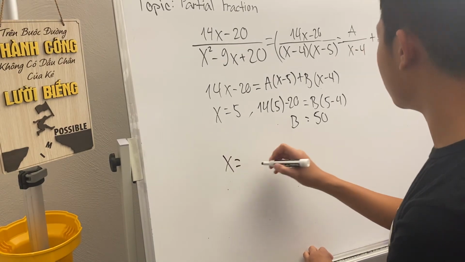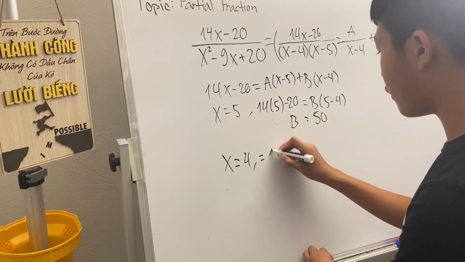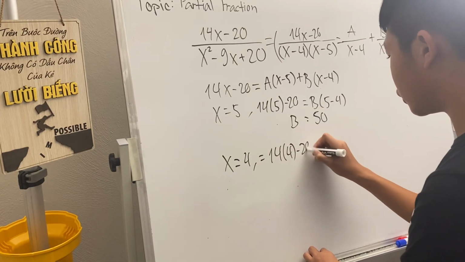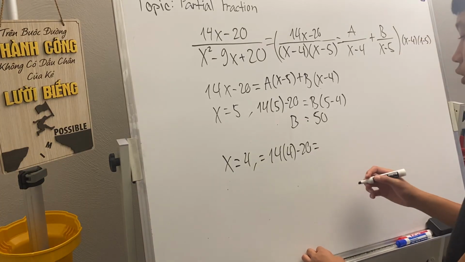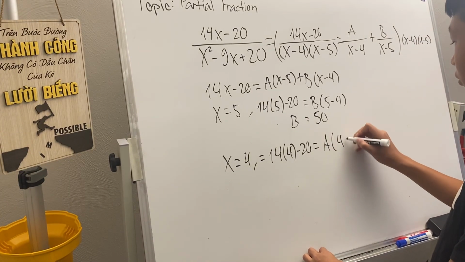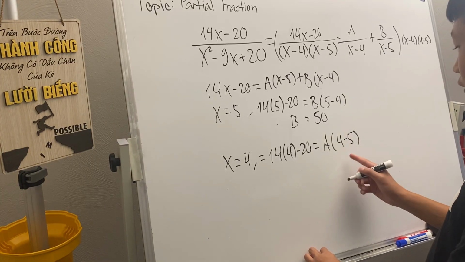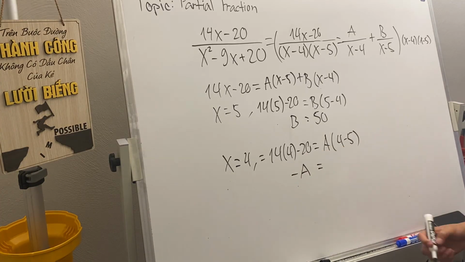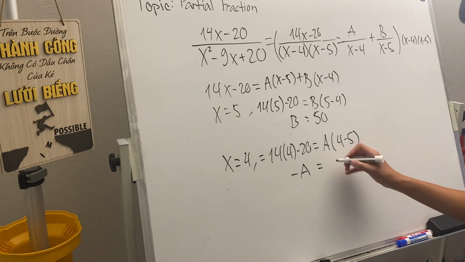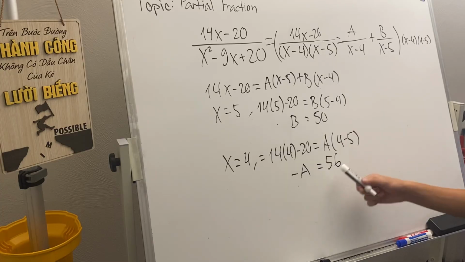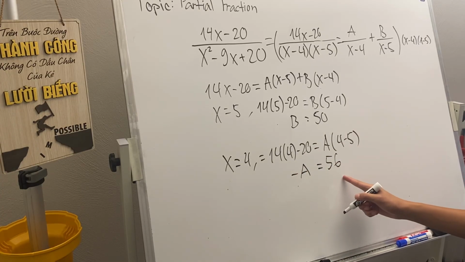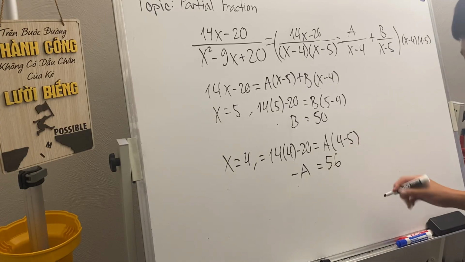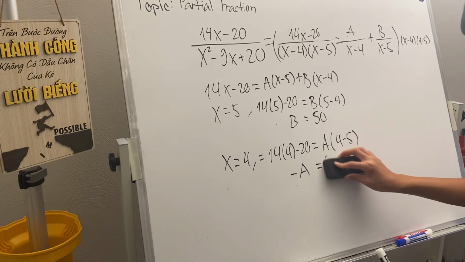Solve for A. So let's plug in 4. So 14 times 4 minus 20 equals A, because B cancels. 4 minus 5, so you get negative A. That's equal to 56 minus 20, which is just 36.